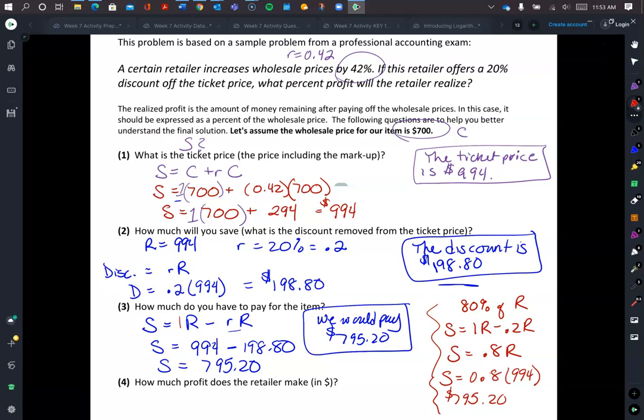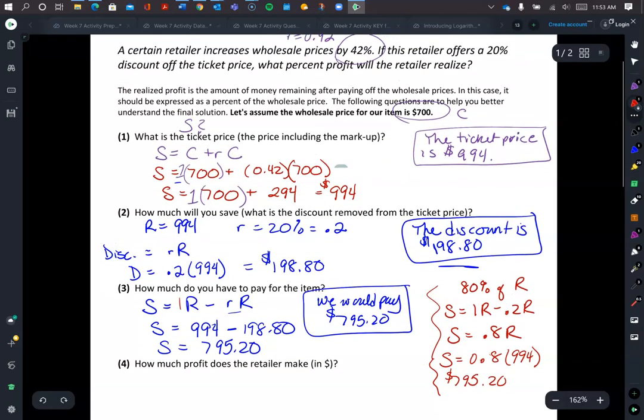The next question is, how much profit does the retailer make in money? So this one is just the dollars and cents, so it's the absolute difference here.